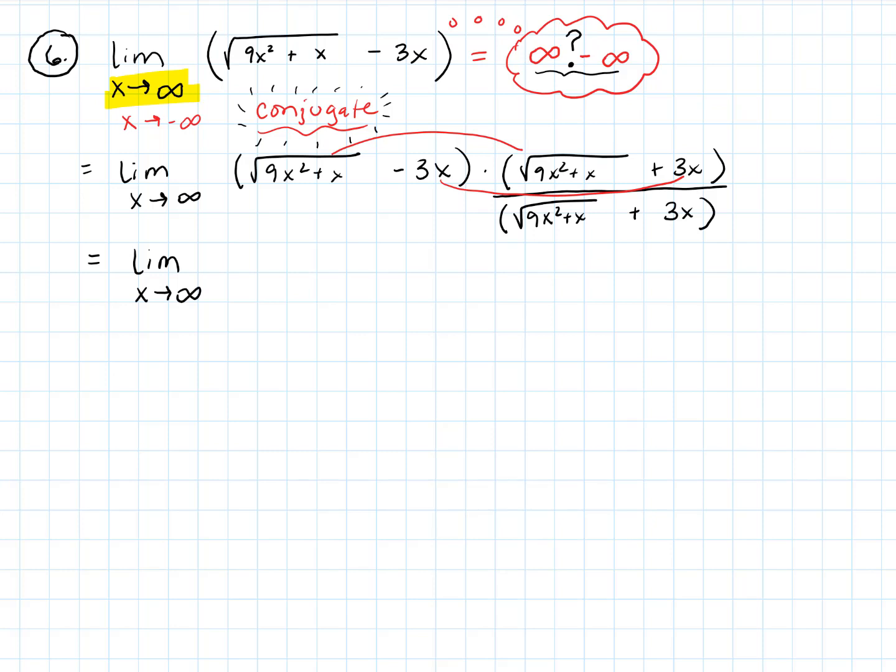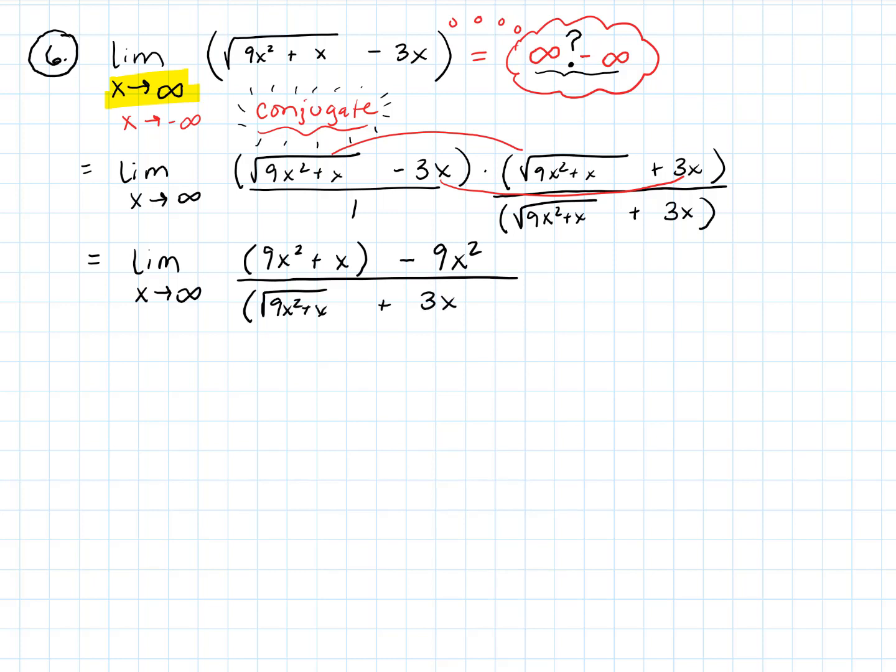I'm simply going to write the product of the first two, the square root of 9x squared plus x times the square root of 9x squared plus x. The square roots drop, and I have just 9x squared plus x. Then the product of the last two terms is a minus 9x squared. In the bottom, this was over 1, so I just have that conjugate, the square root of 9x squared plus x plus 3x.